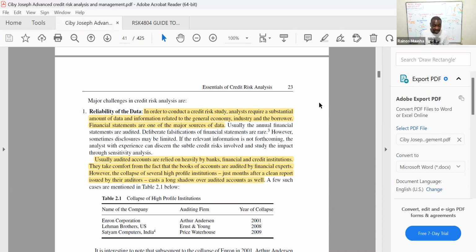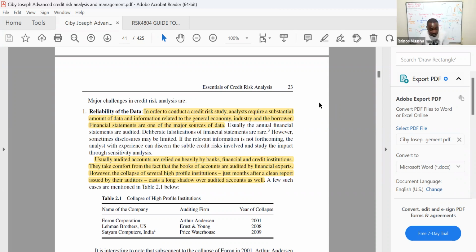But the bottom line is, they are saying that when you conduct a credit risk analysis, most of the time you are going to be using what? Financial statements, preferably audited financial statements, right? But even when you use audited financial statements, you need to keep at the back of your mind that it's not all the time that whatever is presented to you is 100% true.